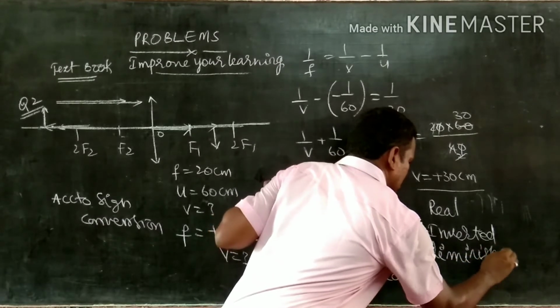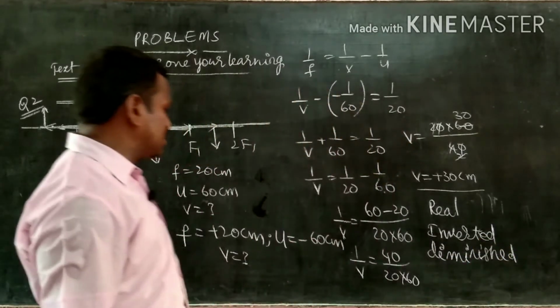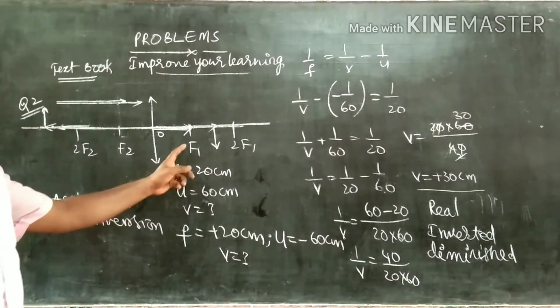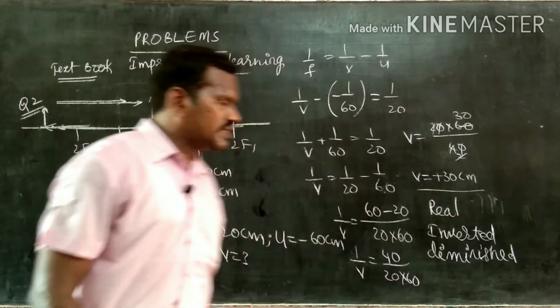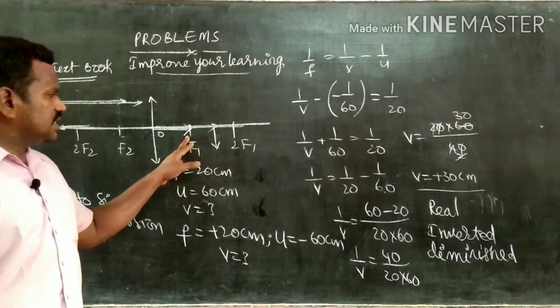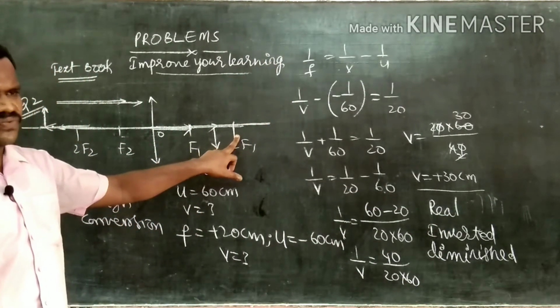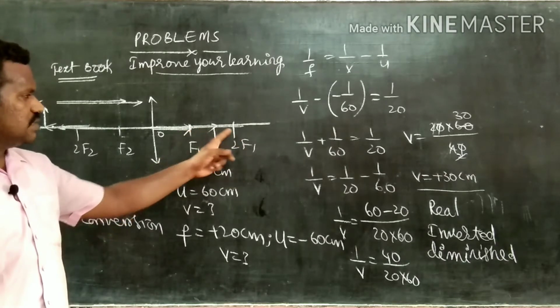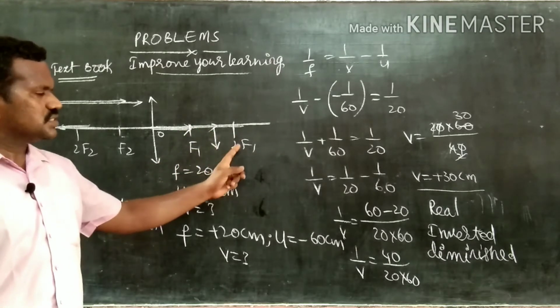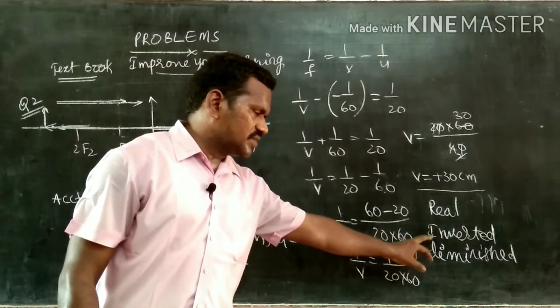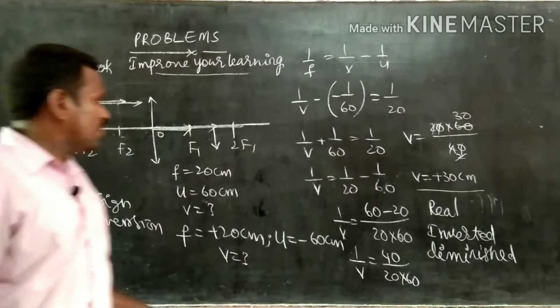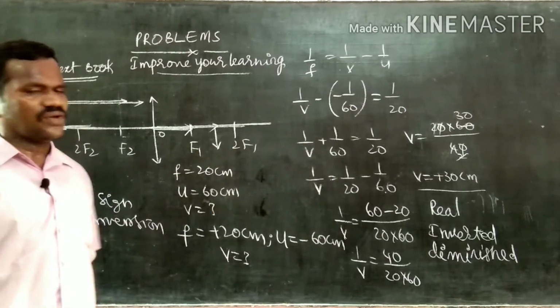These are all the characteristics of the image formed between focus and center of curvature. Why? Because this is 30 centimeters, up to the focus 20 centimeters and up to the radius of curvature 40. That means the image is formed between focus and center of curvature. The formed image is a real, inverted, diminished image.